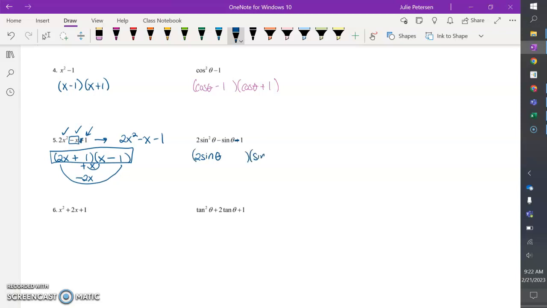And then sine theta, that's like x in the last problem. We know these have to be 1. And then again, to multiply, I've got 2 sine theta, and then I've got sine theta. If I want these to add up to negative sine theta, this is the minus, this is the plus. And this is our fully factored form.